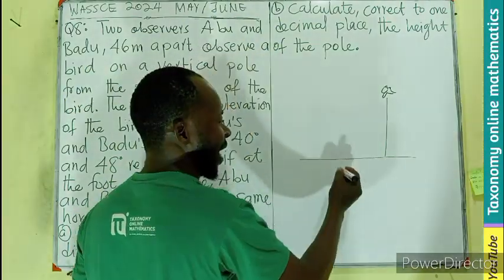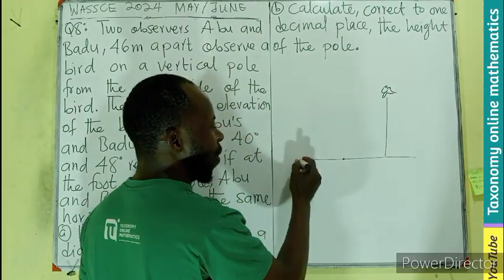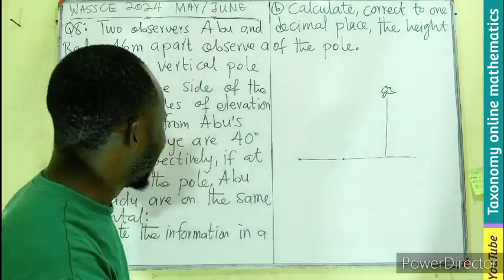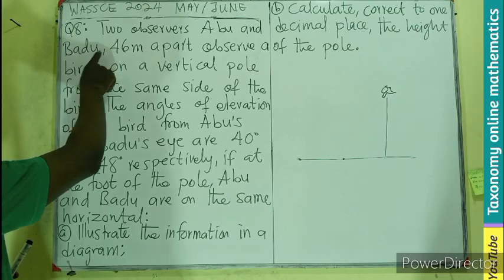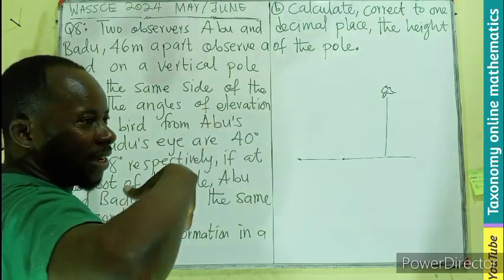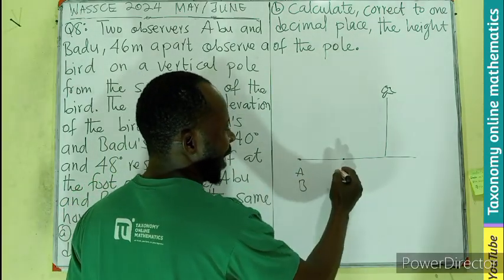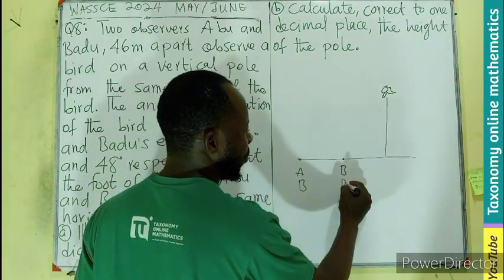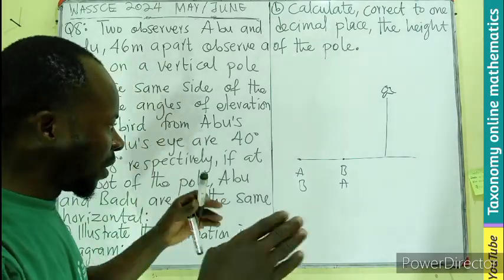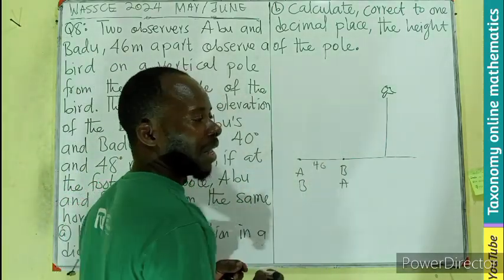One person will stand here, one person closer or farther away. Then they said the distance between them is 46 meters apart. Meaning the distance between Abu and Bedu is going to be 46. So this is going to be 46 distance.